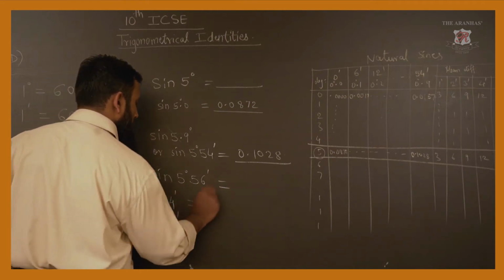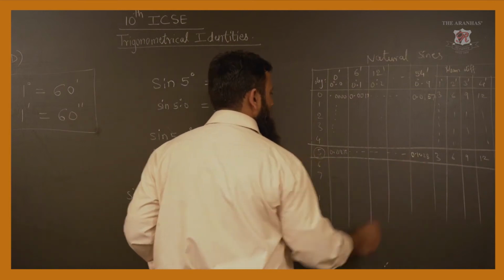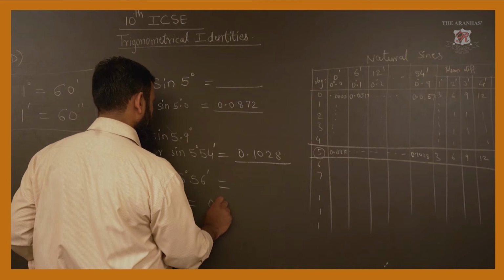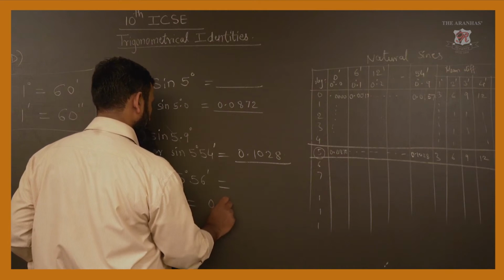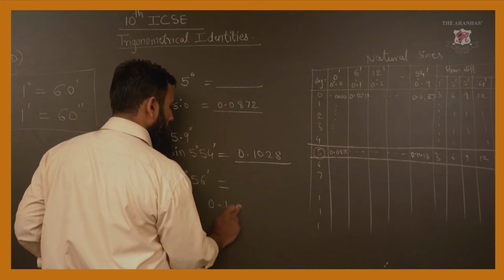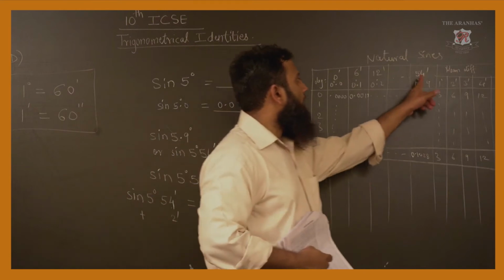The value of sine 5 degree 54 minutes is 0.1211028.